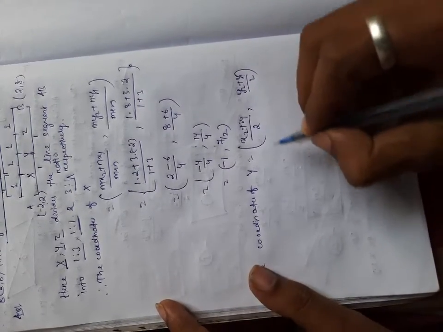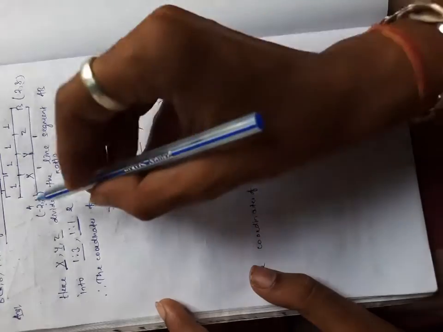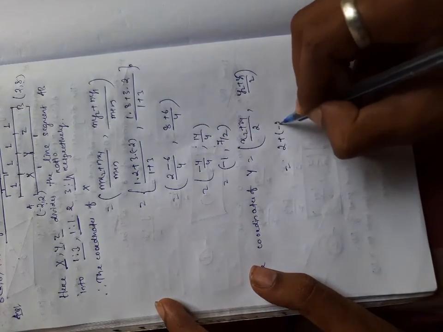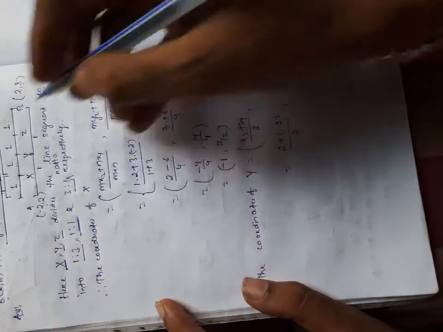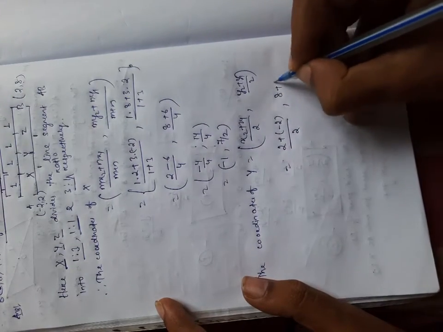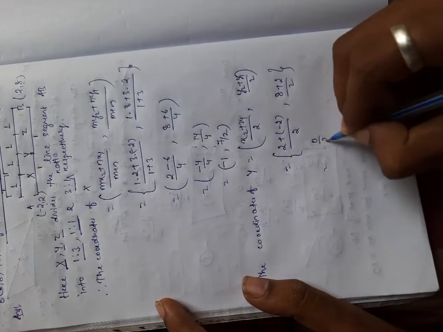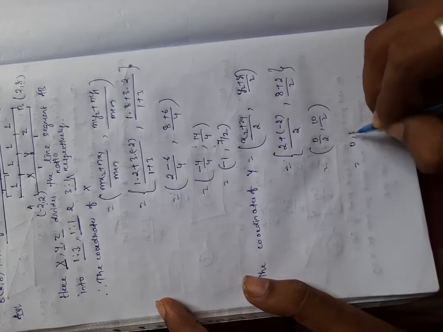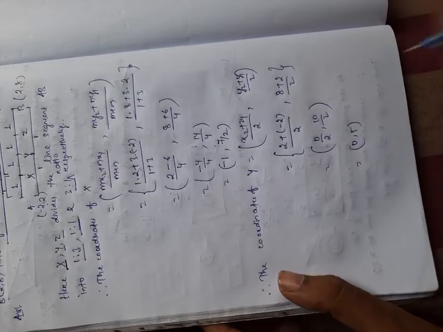Here this is x1, y1 and this is x2, y2. So (2 plus -2) by 2, comma, (8 plus 2) by 2. So this is 0 by 2, this is 10 by 2, then this is 0 and this is 5. So the coordinates of y will be (0, 5).